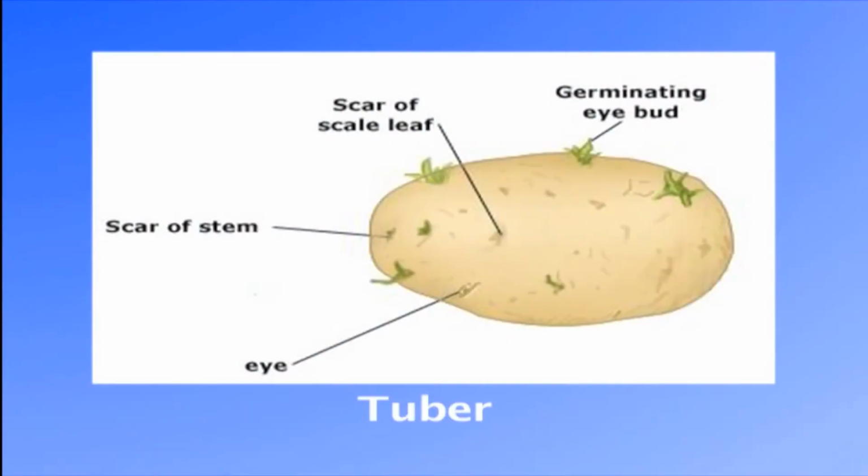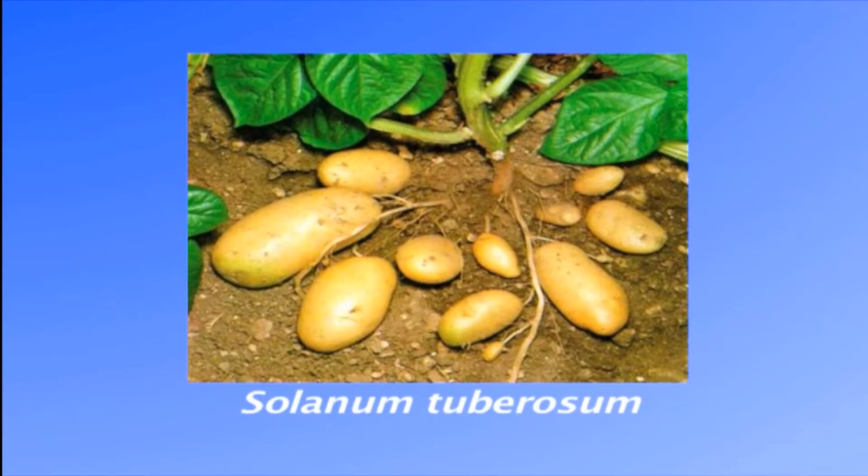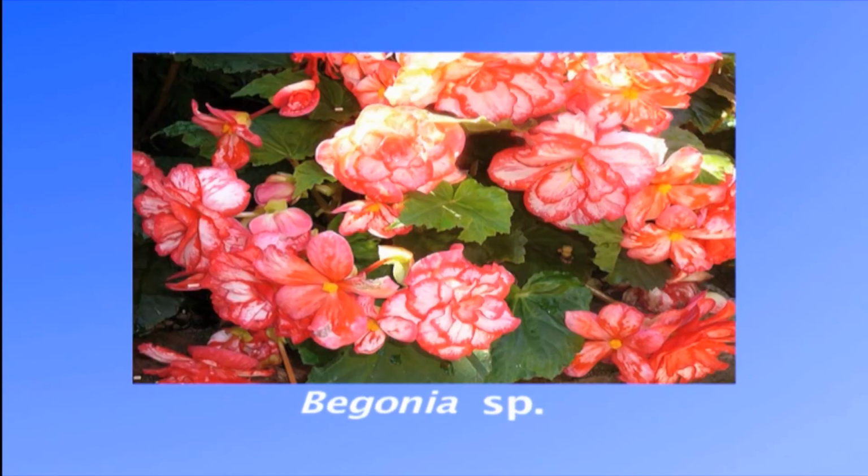With the advent of the harsh conditions, the above ground shoot dies and the below ground part remains alive. This below ground tuber then sprouts in the next season and gives out the shoot once again. The examples of tuberous perennials include Solanum tuberosum, begonia, etc.